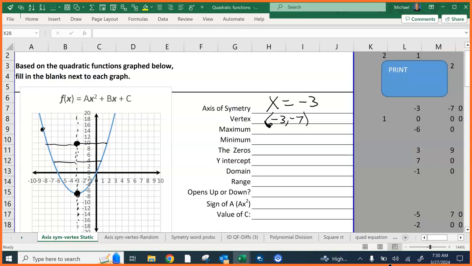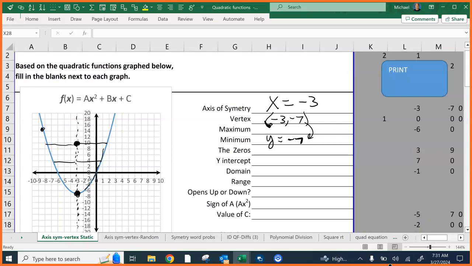So this has a minimum because I can keep going up the parabola and getting higher and higher values while still being on the graph. That means there are greater values of y than the vertex. So that's a minimum, and the minimum would be y equals -7, which comes from the y value of the vertex.